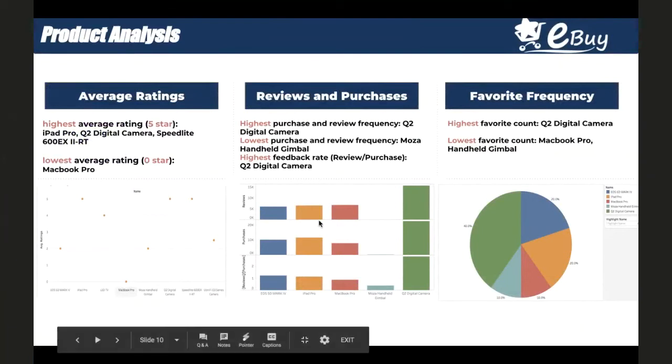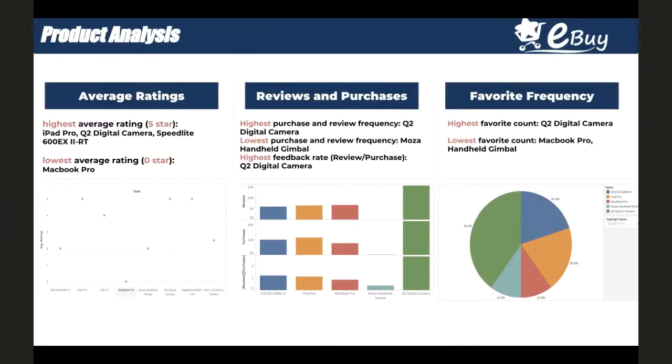And we analyze the reviews and purchases of products, and in the histogram we can see that the highest purchase and review frequency product is the Q2, and the lowest purchase and review frequency is the Moza handheld gimbal.